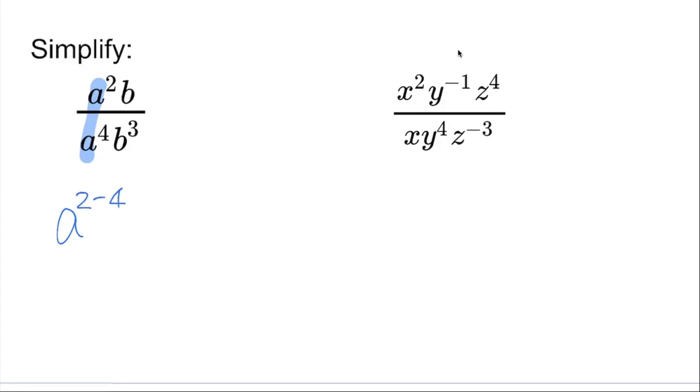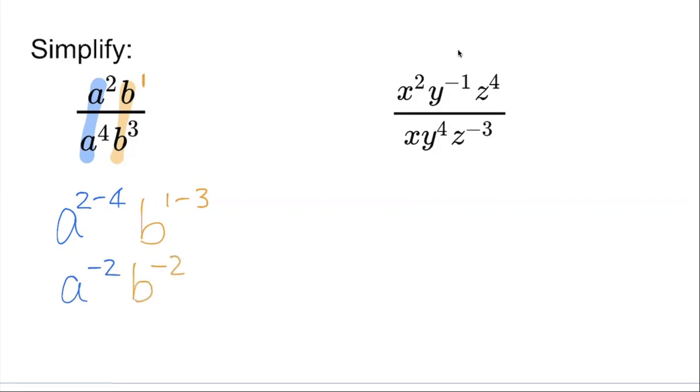And then I'm going to work on my exponent for b. And the exponent for b will be subtract. So if you don't see anything here, there's actually a 1 here, the 1st power. So 1 minus 3 is the exponent for b. So 2 minus 4 here is negative 2. And the b exponent is 1 minus 3, which is also negative 2.